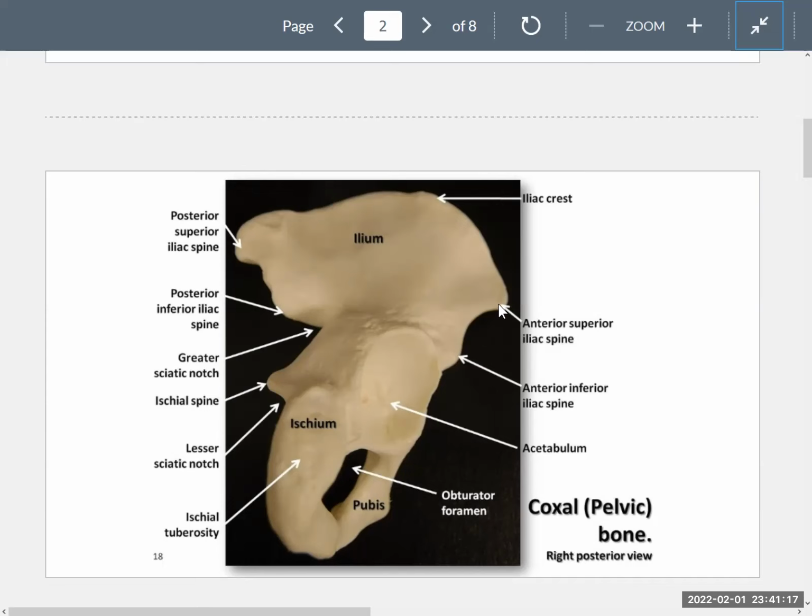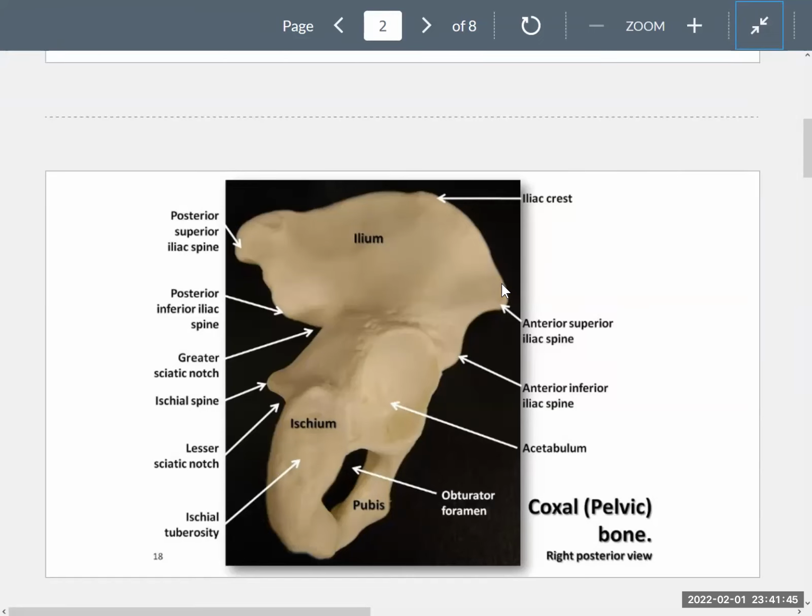I want to go back up, across. Well, actually, I want to dwell on these two for a moment. The anterior superior and anterior inferior iliac spine. These are what you hitch your belt on. That's what we commonly say. I don't know, everybody doesn't have a belt anyway. Some people use elastic.